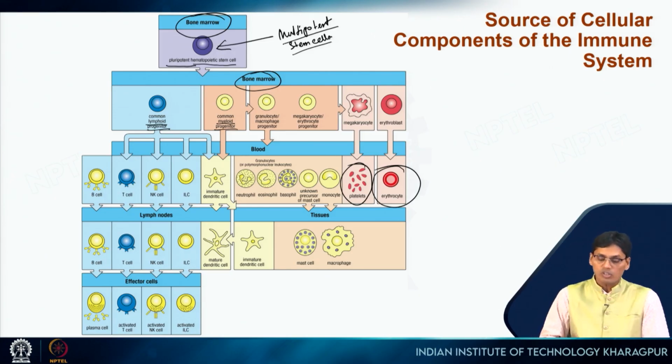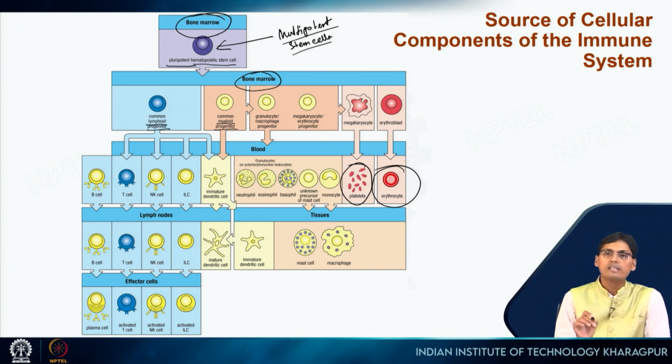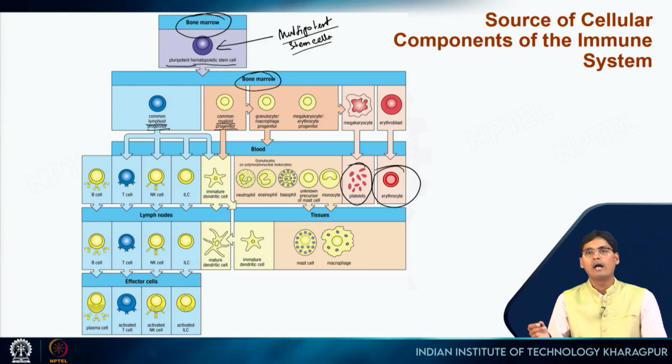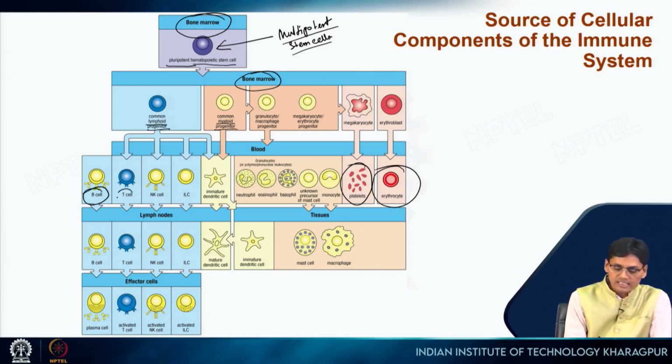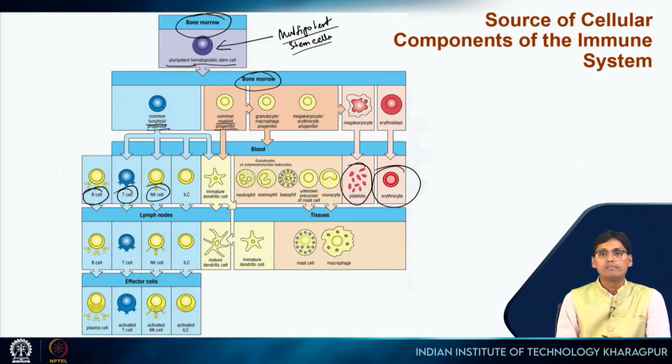Apart from that, there are a few very important things you have to remember so that I can discuss them in other lectures. From this lymphoid progenitor we get B cell, T cell and NK cell. All are very important to remember because they play a very important role in our immune system.